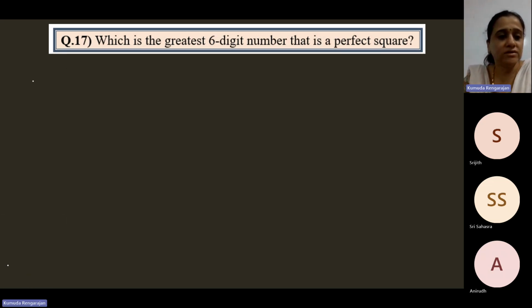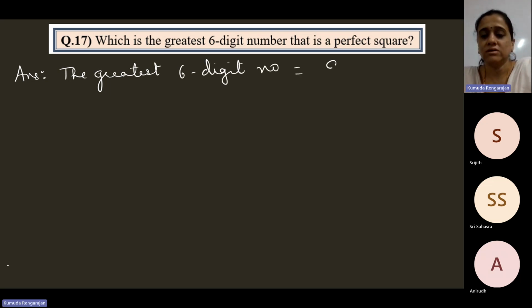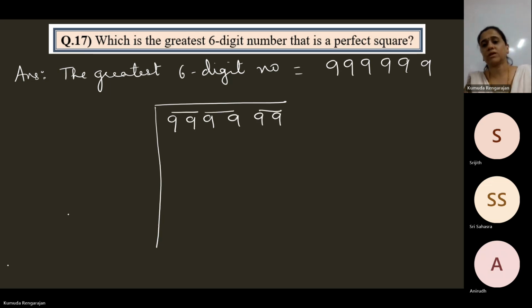You should start your answer like this: the greatest 6-digit number is... You should write the question.